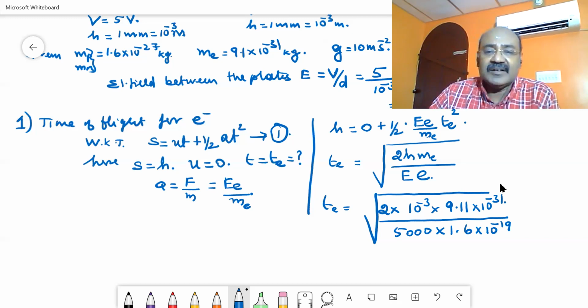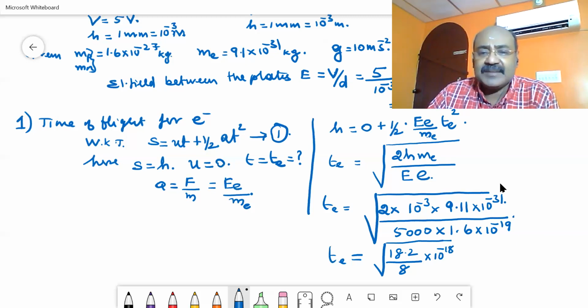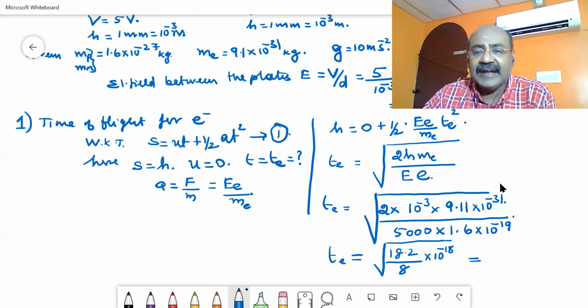On simplifying, you will get the answer as square root of 18.2 divided by 8 into 10 to the power of minus 18. So on simplifying this, you get 1.5 into 10 to the power of minus 9 seconds.